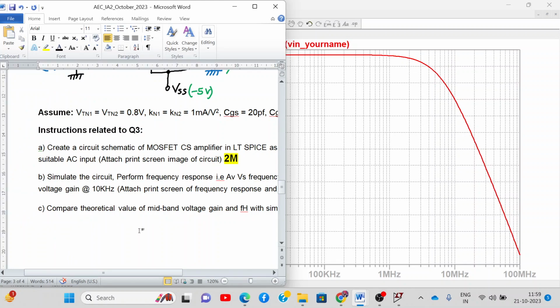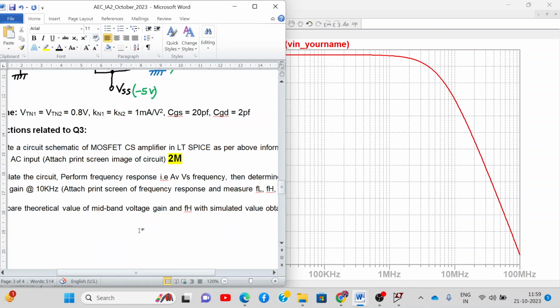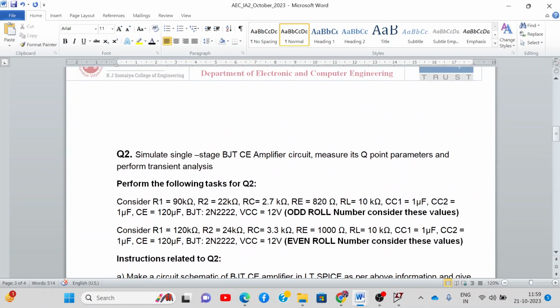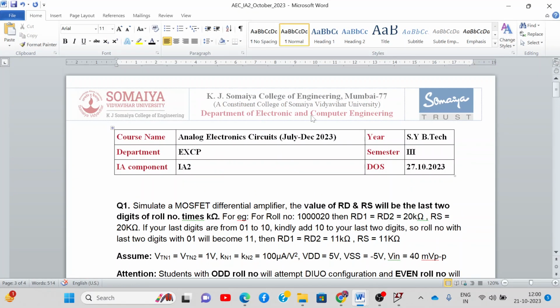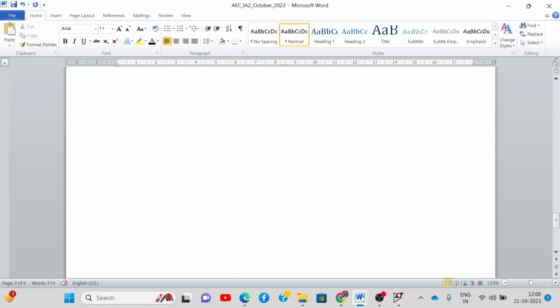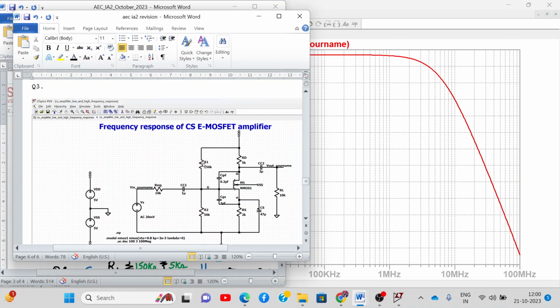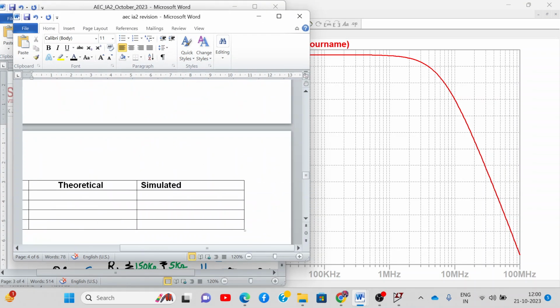Then you have to create a theoretical table for midband gain and FH value. Again you can copy the table, and that was saved in another document. Again copy the table. Let me do it over here. Yeah, this one.